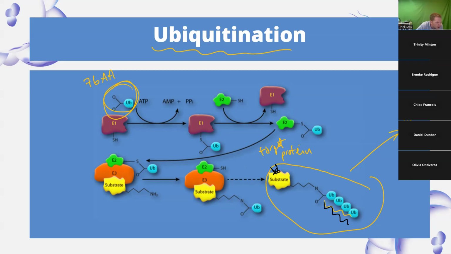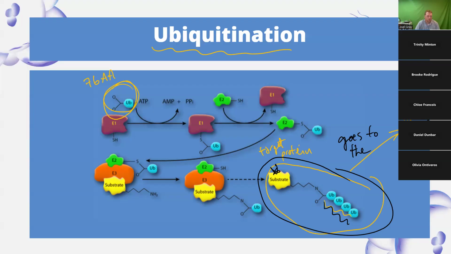Can you explain the notation you made with an arrow to proteasome? I'm saying that this, what I put in a big circle here, goes to the proteasome when you've got four of them.